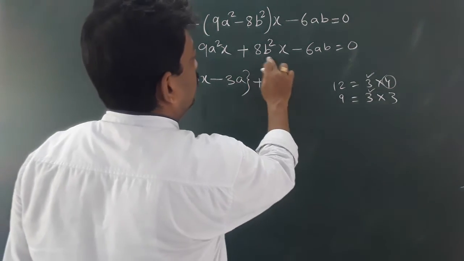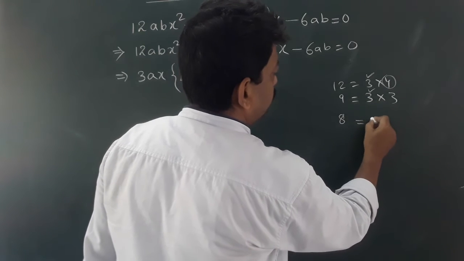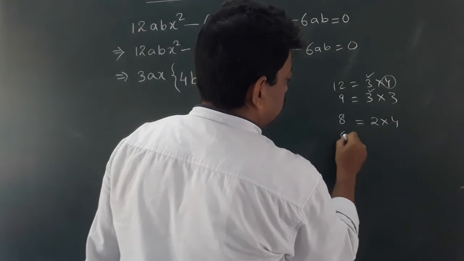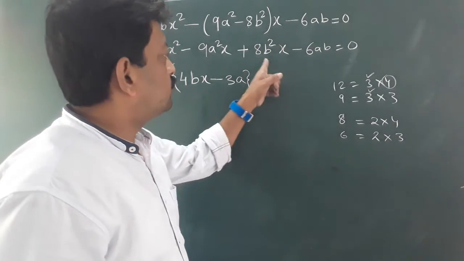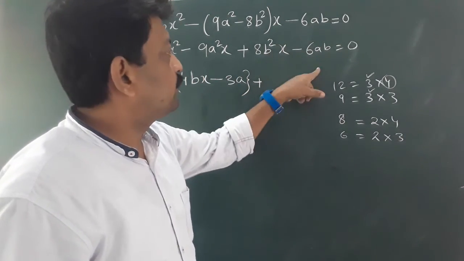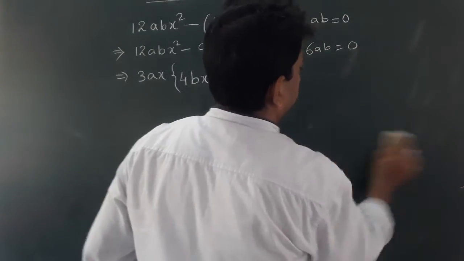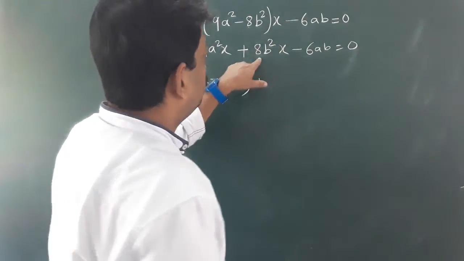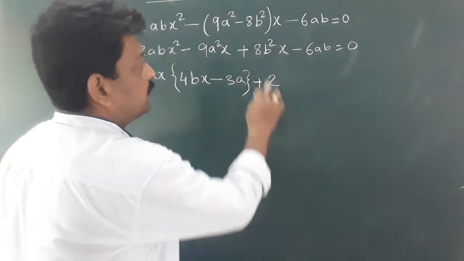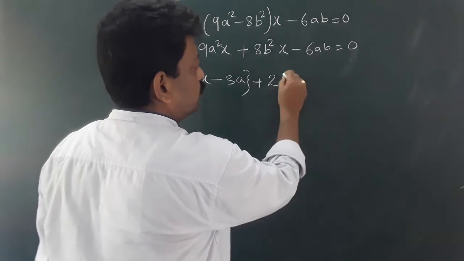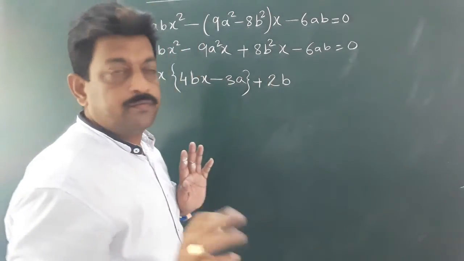Same way 8b square and 6. 8 means 2 into 4 and 6 means 2 into 3. So only 2 is common from these two terms, the third and the fourth term. If I am taking 2 common from here, what more can we take common? Here it is b square and here it is b, so b will be common. x is not there, so nothing will be common.